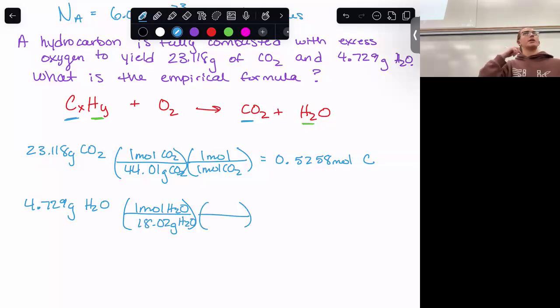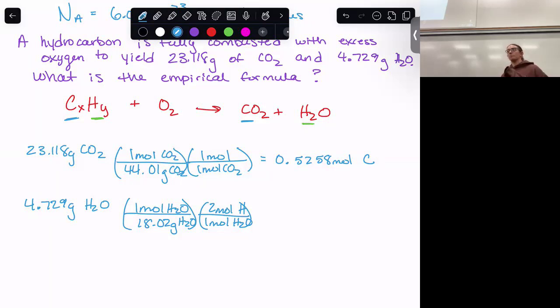And then I think we said that we had to multiply it by 2, and that's correct, because for every 1 mole of H2O, we have 2 moles of hydrogen atoms.